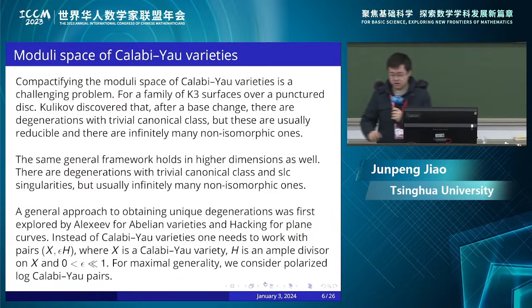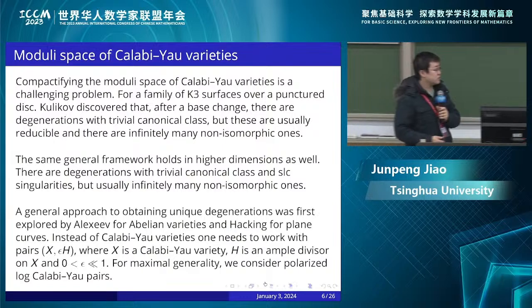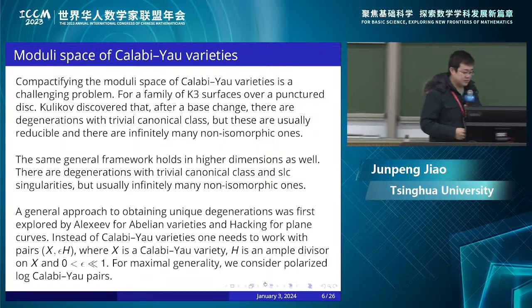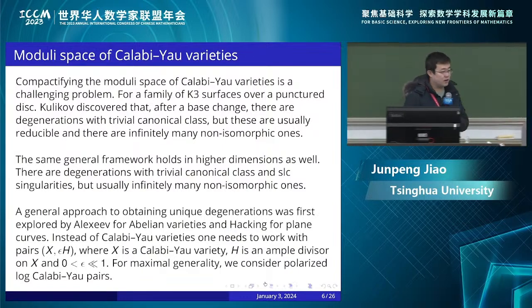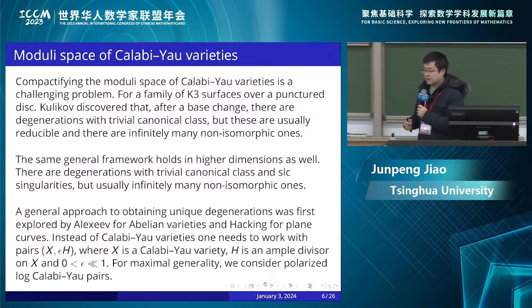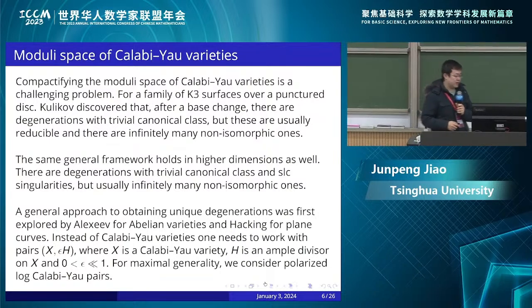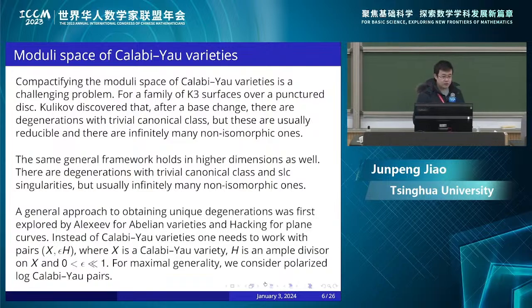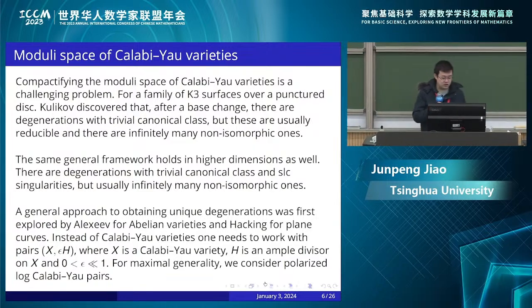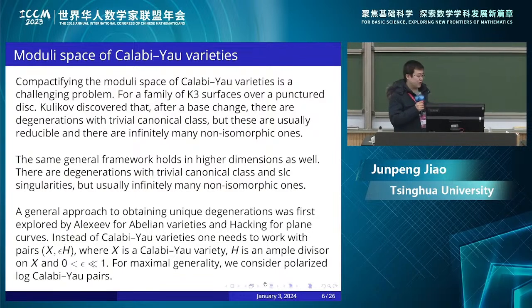We have many reasons to study degenerations of log pairs. One of them is to study the moduli space of log pairs. A moduli space, roughly speaking, is a parameterizing space for a class of algebraic objects.